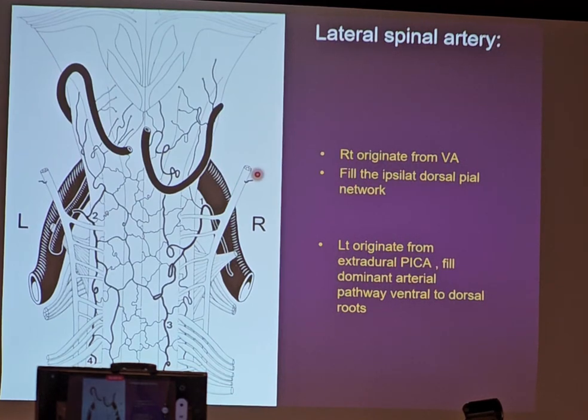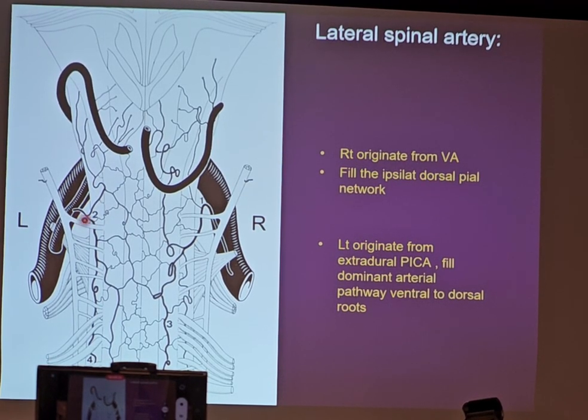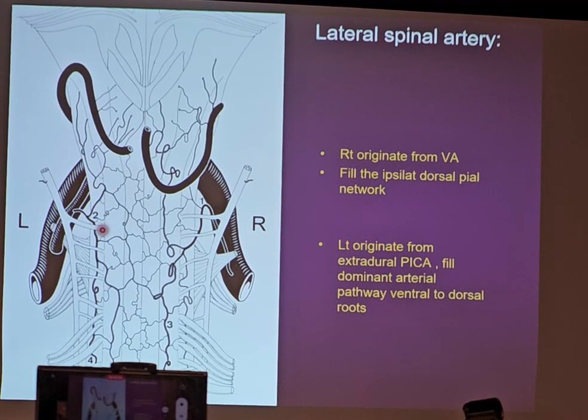So it functions as the dorsal system of the upper cervical structure. For example, in this drawing, there could be two possibilities for the origin of the lateral spinal artery. If you have an extradural origin of PICA, the lateral spinal artery will come off from this extradural PICA.